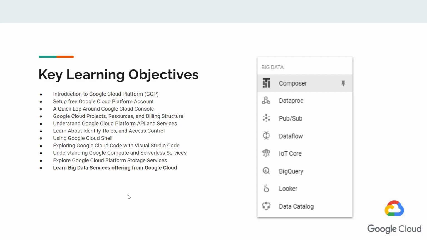Coming to the next section, which is your big data service. When we talk about the big data service, the Google Cloud provides a wide range of services that cover almost all the business scenarios that we can think of to build on the cloud platform.